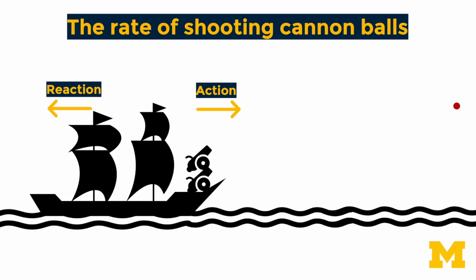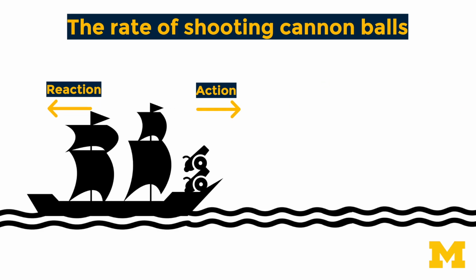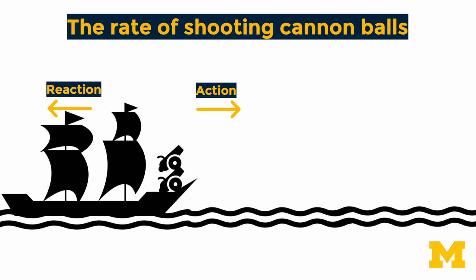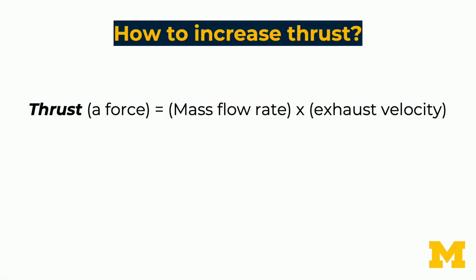If we increase the rate of shooting cannonballs, so if we added another cannon and shot a second cannonball, then the boat would move faster going in the opposite direction. So you add more cannons and the boat's reaction would be much larger. Let's talk about this in terms of thrust. Thrust is the mass flow rate times the exhaust velocity.